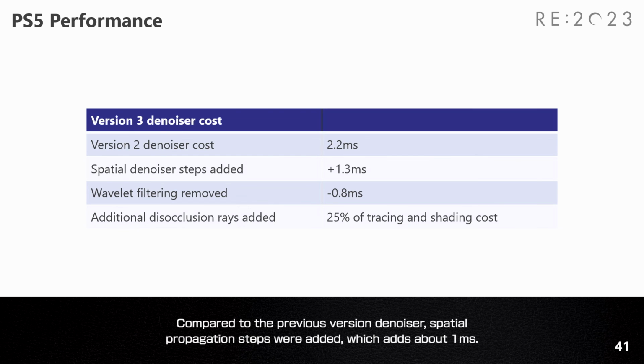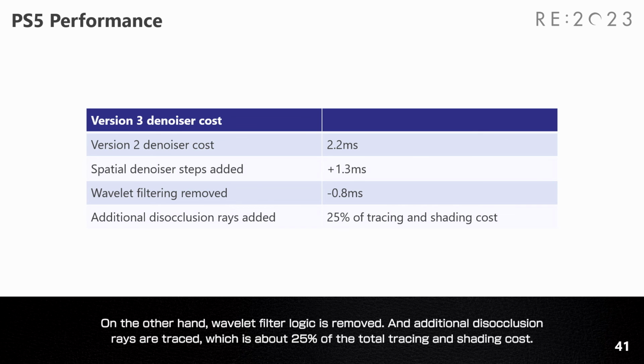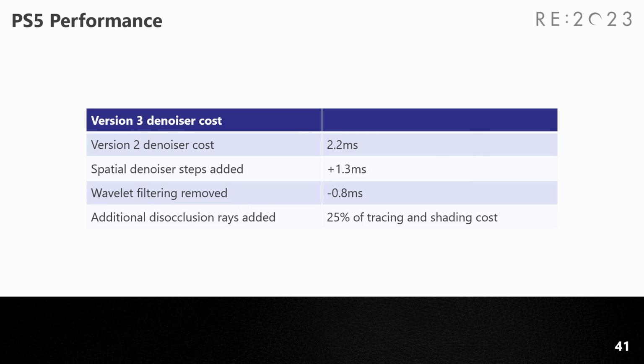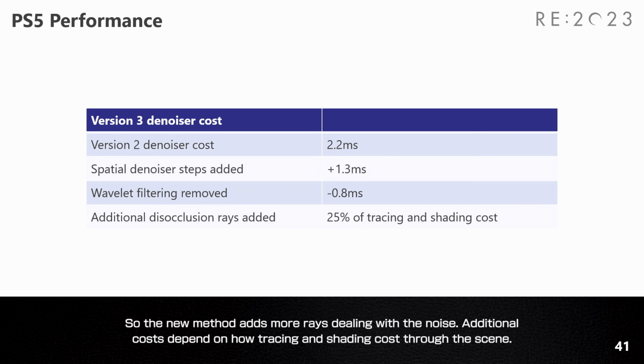Compared to the previous version of the denoiser, spatial propagation steps were added, which cost about 1 millisecond. On the other hand, wavelet filter logic is removed, and additional disocclusion rays are traced, which is about 25% of the total tracing and shading cost. So the new method uses more rays to deal with noise.